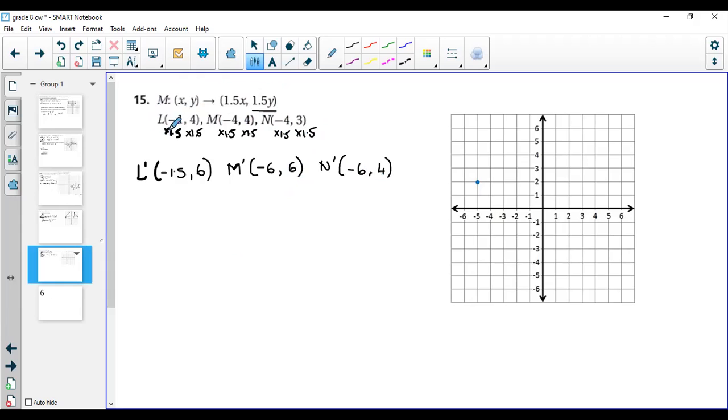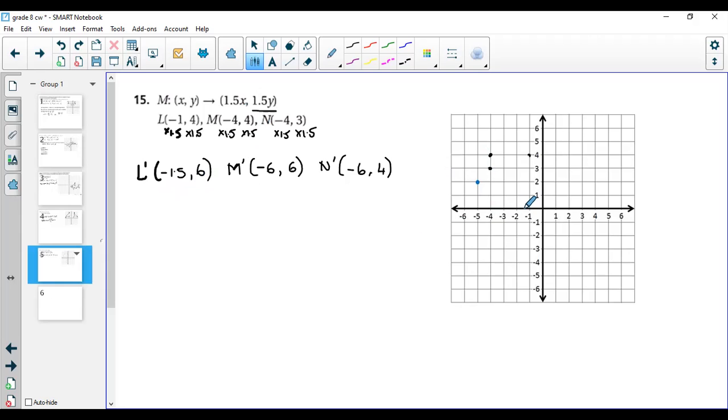So first, draw the pre-image. For the pre-image, it's negative 1 and 4. So it's going to be here. And negative 4 and 4, that's going to be here. And negative 4 and 3. What kind of triangle is this? Okay. Then for the image, it's going to be negative 1.5 and 6.